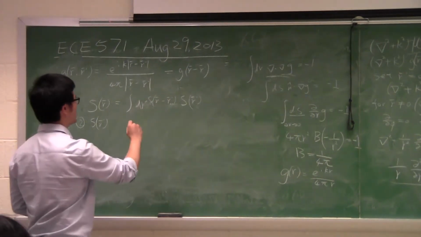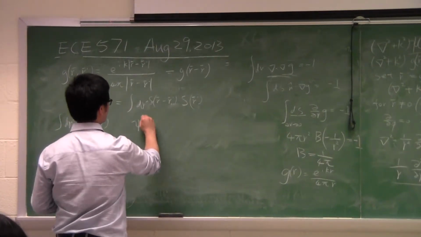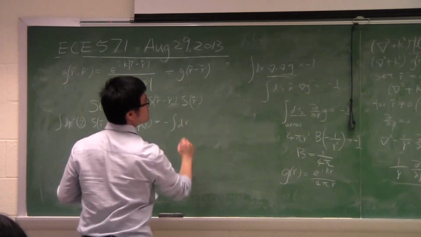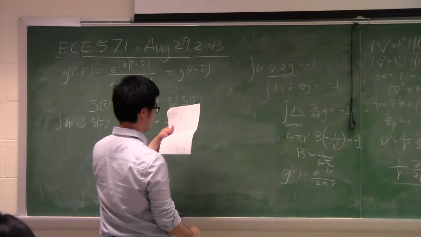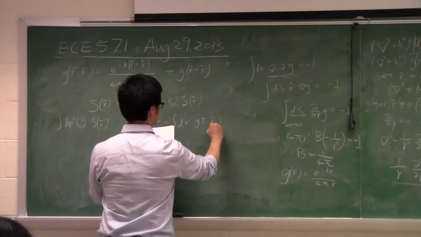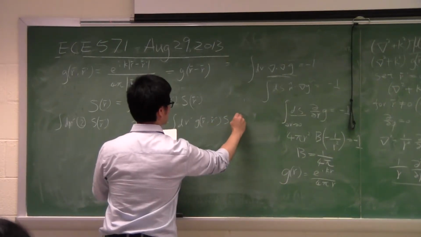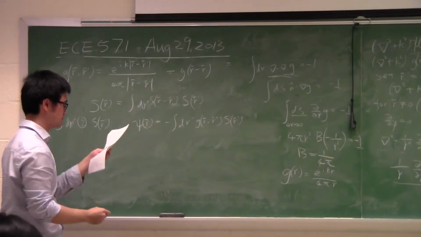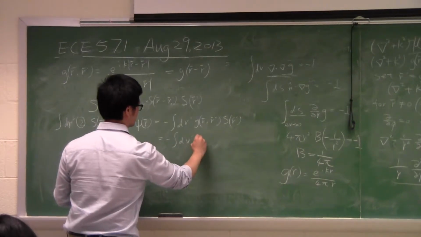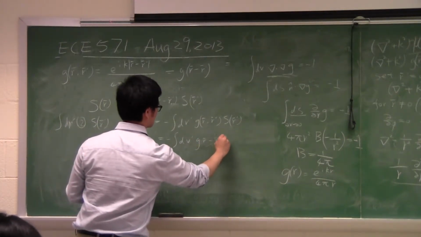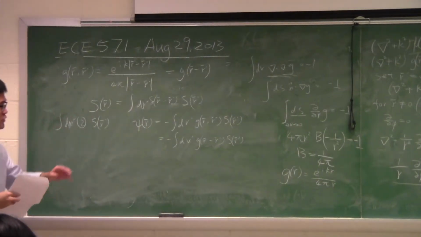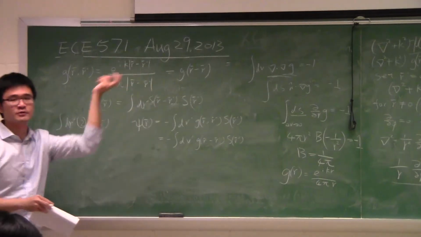And then, by comparison, we can see this phi is just minus... which is exactly the meaning of convolution here.